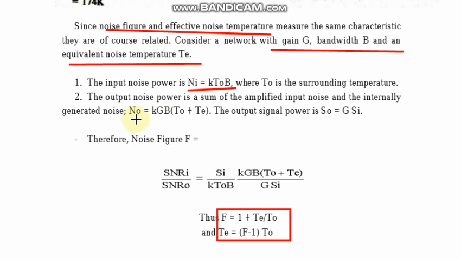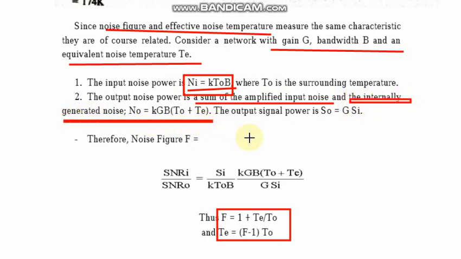Okay, and the output noise power for any network will become the sum of the amplified noise input, meaning the input noise Ni when amplified by G becomes G into Ni, and one more term, that is internally generated noise, which you have to take into account.